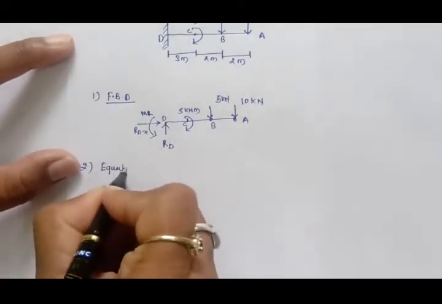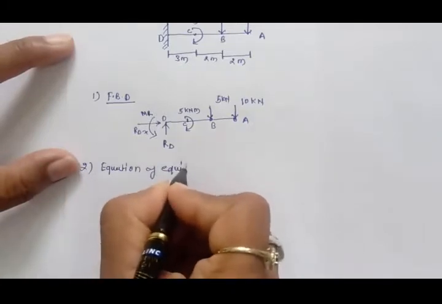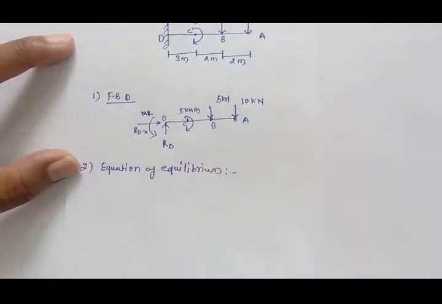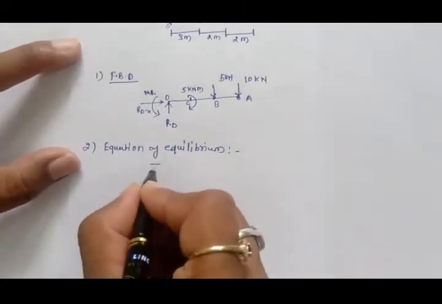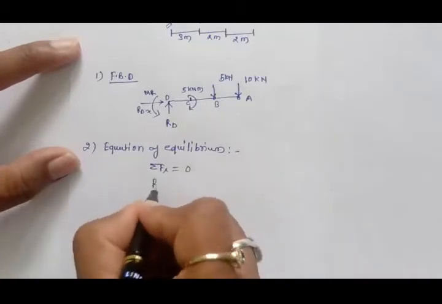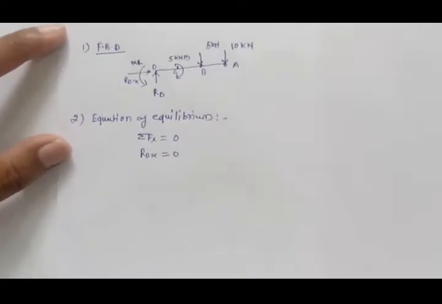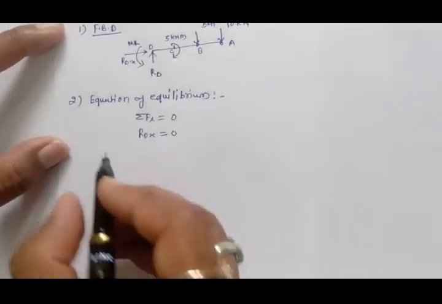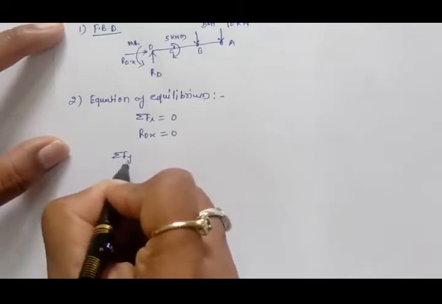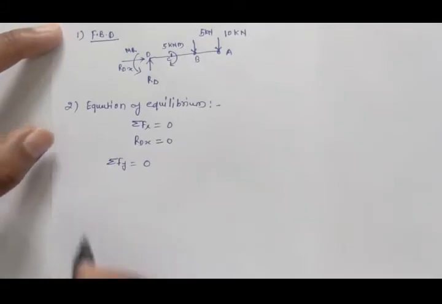So we use these equations of equilibrium to find out the support reaction. First, the summation of Fx equal to 0. Here only RDX is there, so that is equal to 0 because no other horizontal force is there. Then similarly the summation of Fy equal to 0, so only the vertical forces we will consider.